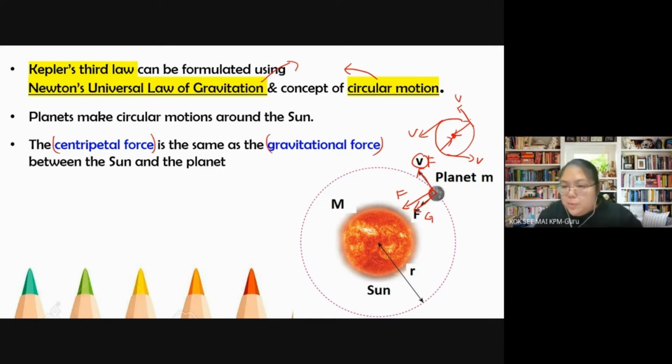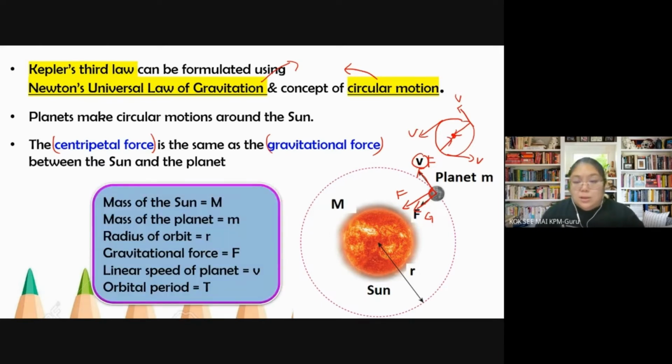So remember, when you draw the tangent, this one is the velocity. Just now there was a question, I forget already, asking you to draw. When you draw at 90 degrees, that one is only the velocity. The centripetal force certainly goes to the center. Only the velocity shows how it moves, tangent to the circle. So the centripetal force is the same as the gravitational force.